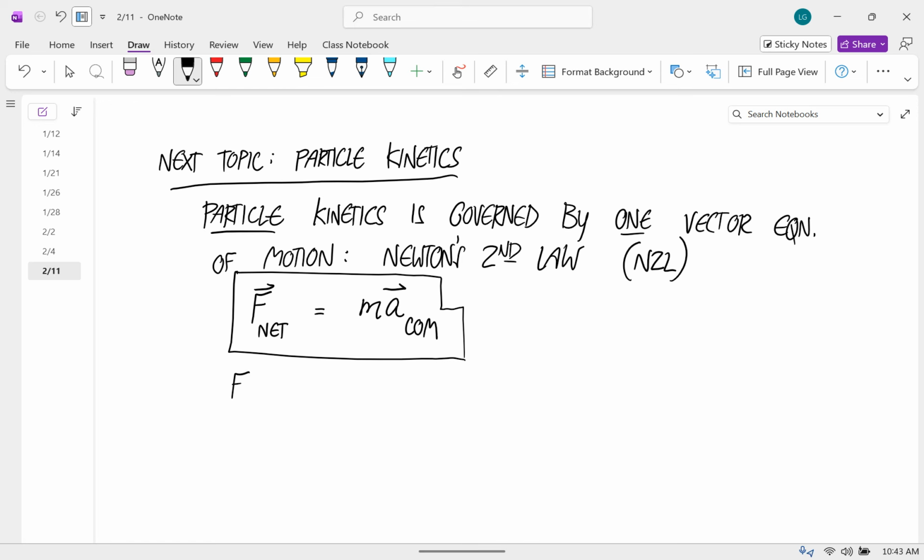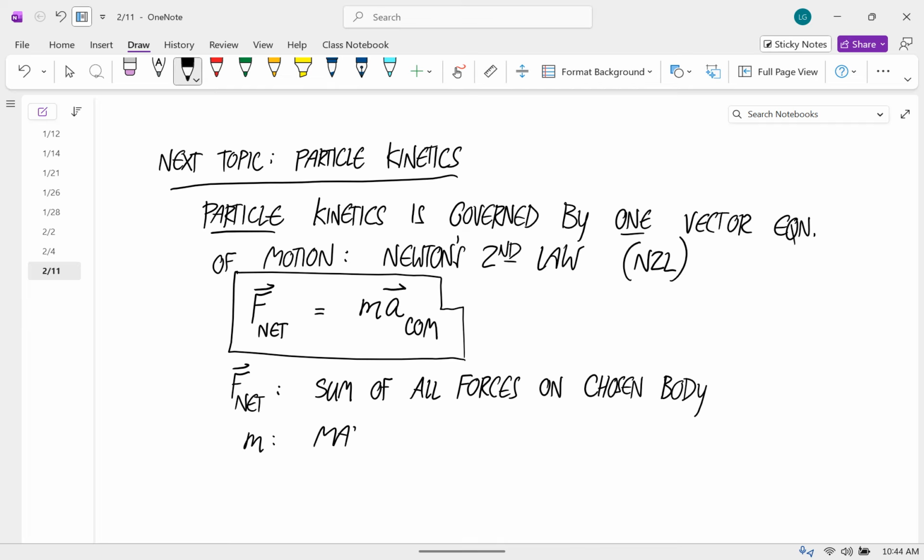So F net is the sum of all the forces acting on the chosen body. M is the mass of the chosen body.